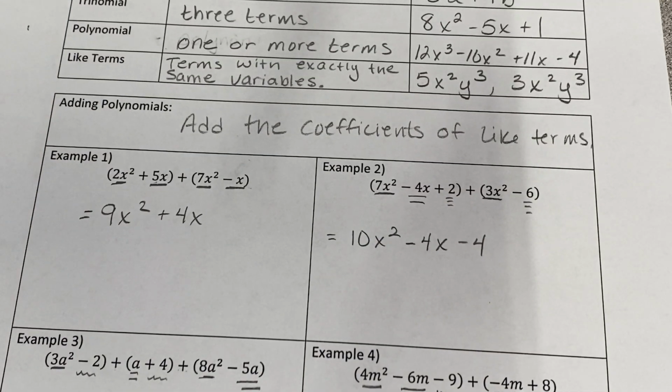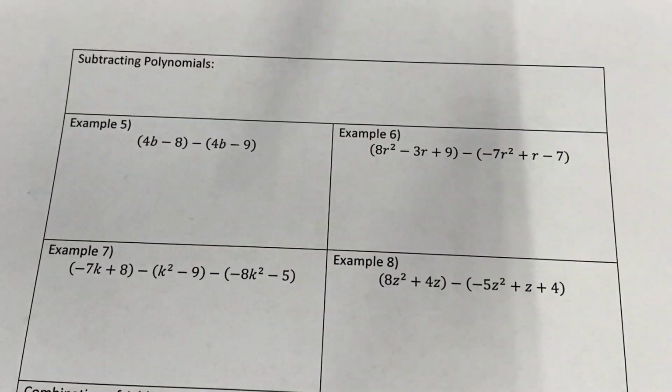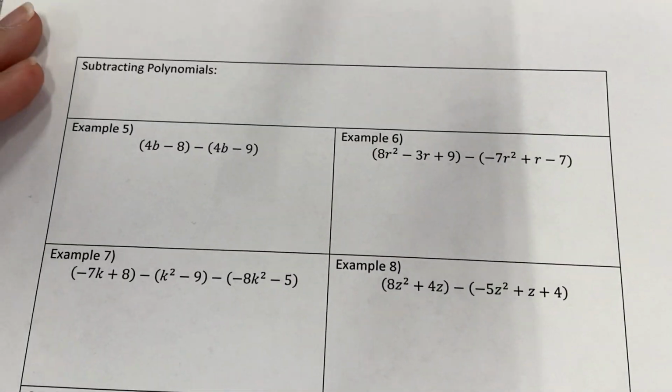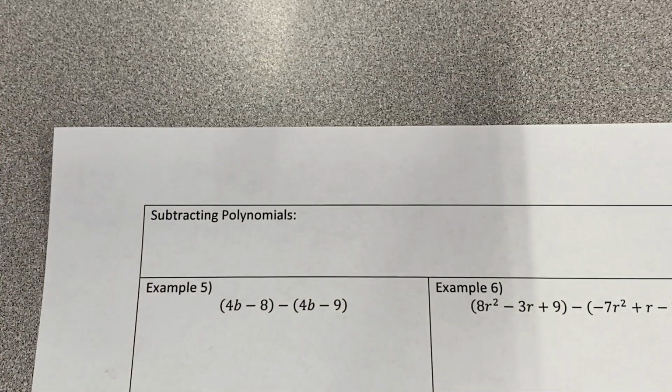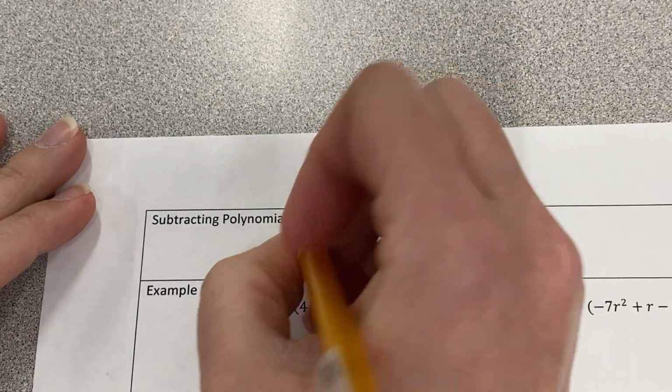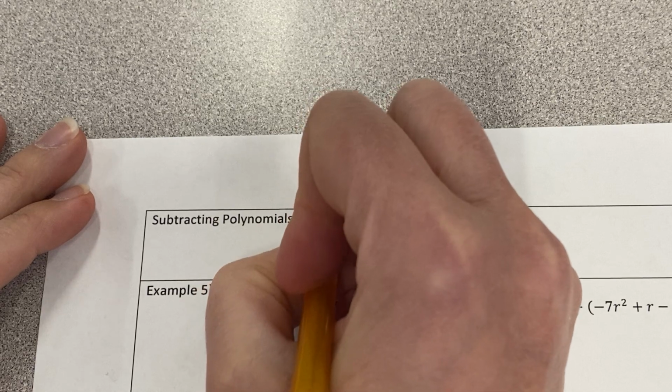Let's move on to our second page of notes here. We're going to start by subtracting polynomials. What we want to do that's different here is rewrite each expression without the parentheses, distributing a negative 1 as needed. So let me write that down.